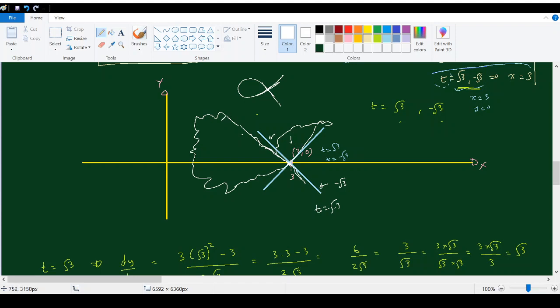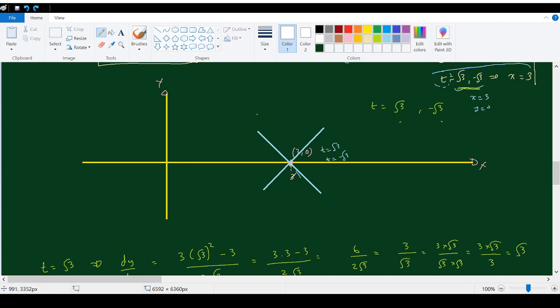So with this data only we cannot figure out the exact shape. But at least for the time being, what you should mainly focus on is not the shape of the curve, but these two tangents that are there at this single point, which is a very special case.